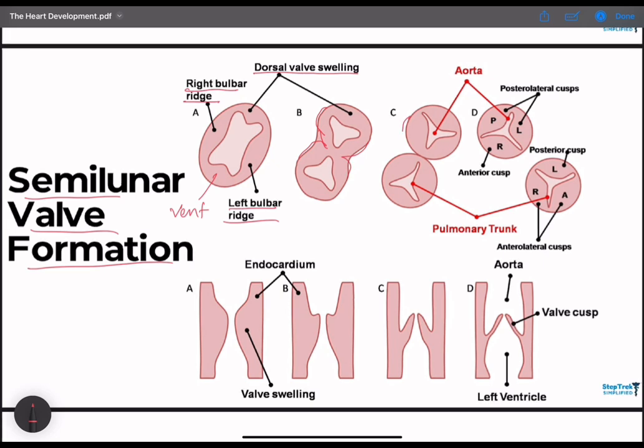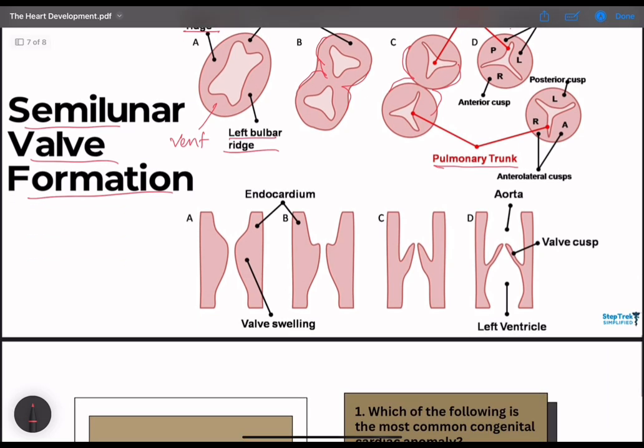This indentation deepens and eventually divides the outflow tract into an aorta and a pulmonic trunk. Thus, the aorta as well as the pulmonic trunk each has three cusps, each cusp coming from the ridges.